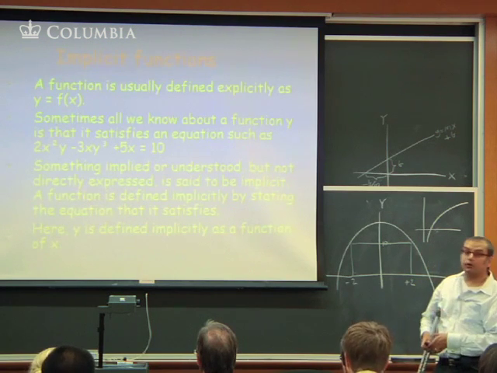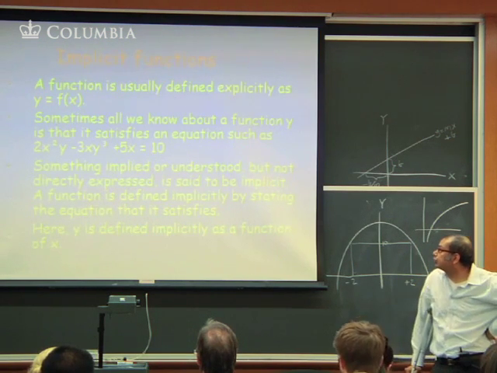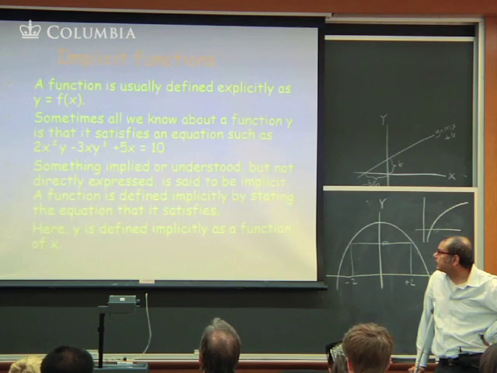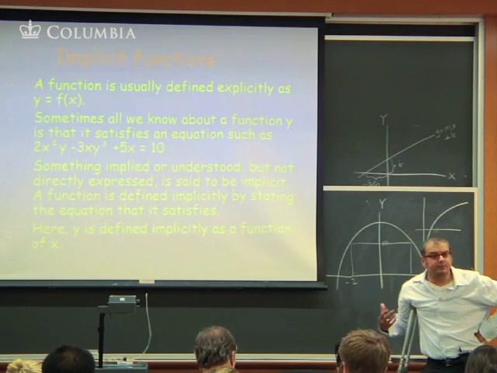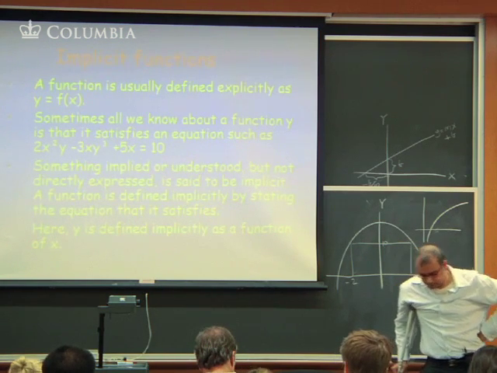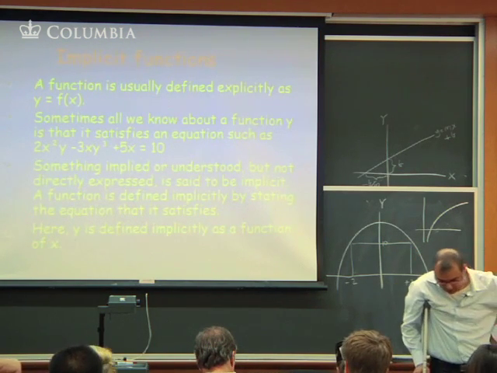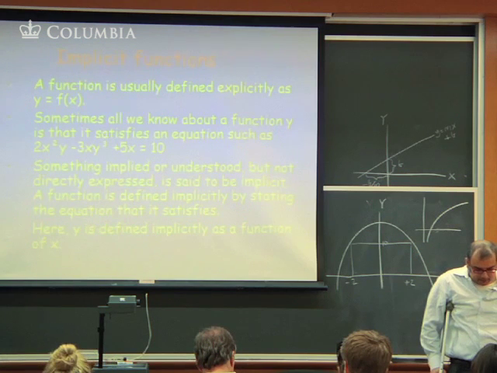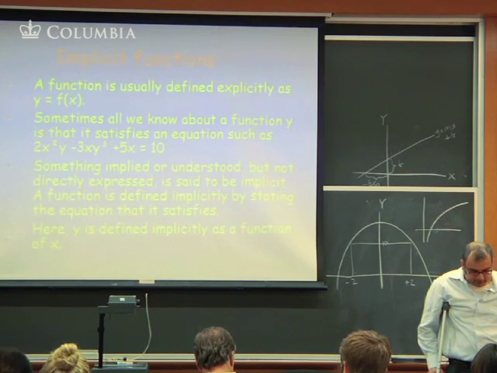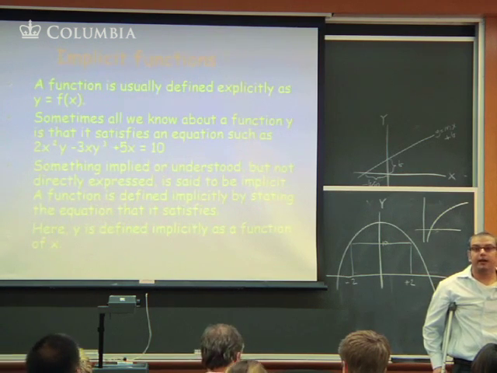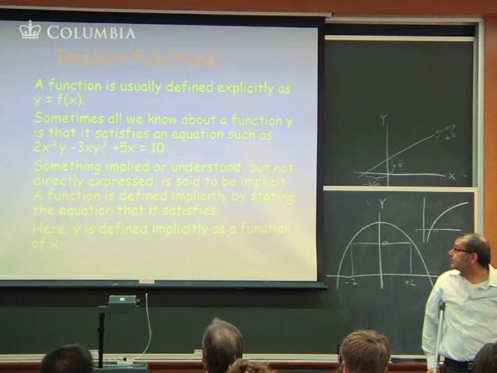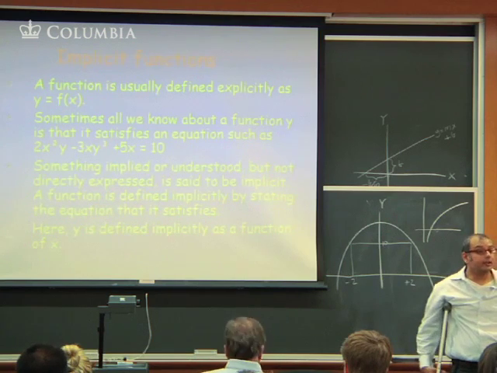Quickly, an implicit function. Very often, and this is more of a computational problem rather than a semantic distinction like the one between the inverse function. An implicit function usually, and so far we've defined all functions explicitly.